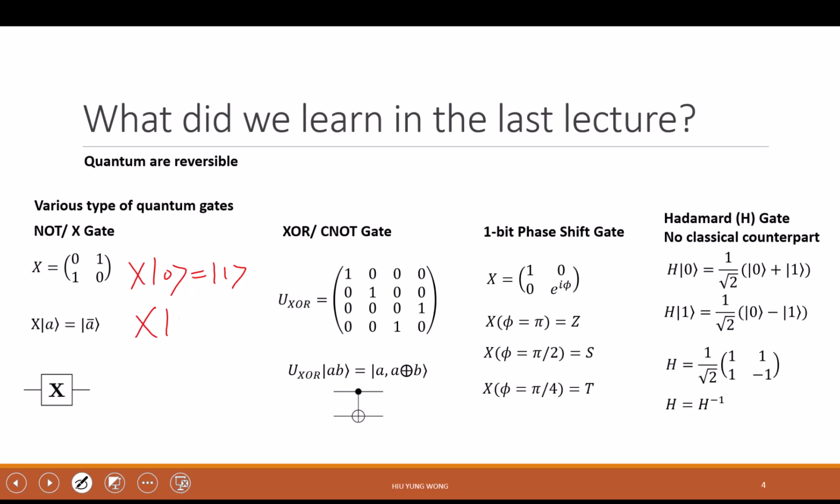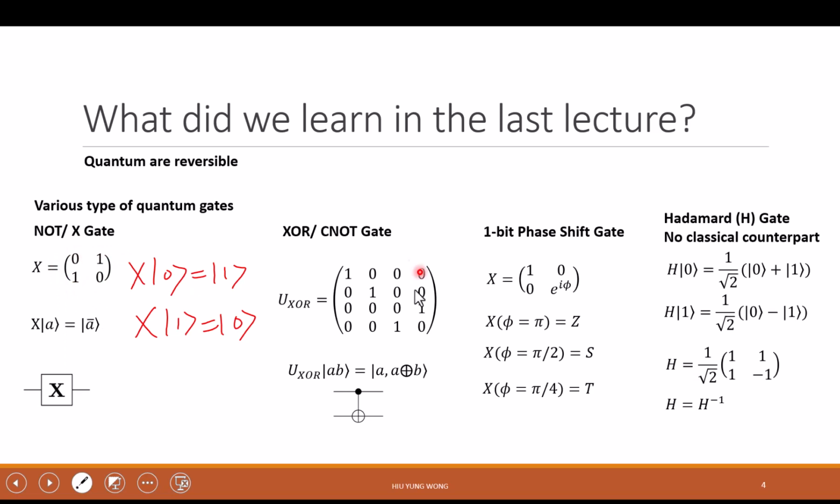And if I apply it to the 1 state, it will bring me to the 0 state. A more concise way is that X on a, where a can be 0 or 1, gives me the negation, the not of a. So that is the definition. And we also have the corresponding matrix, written in this form. I suggest you memorize it.